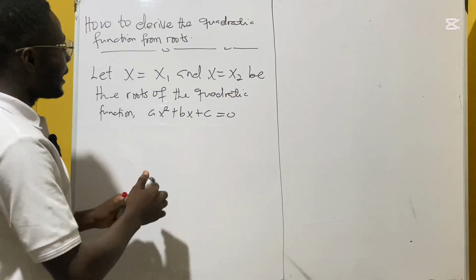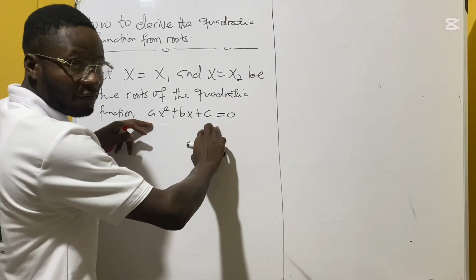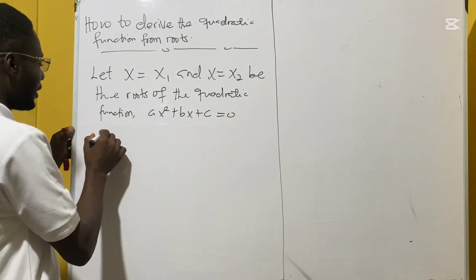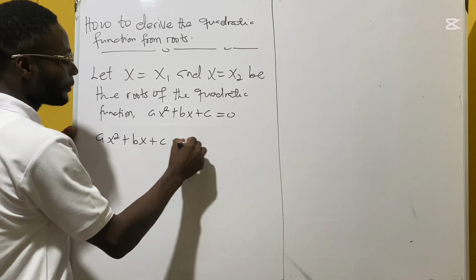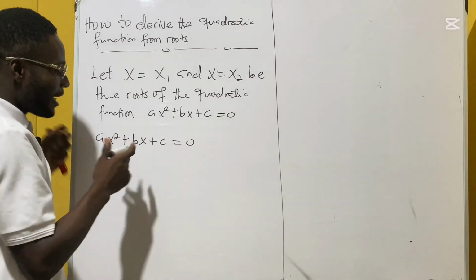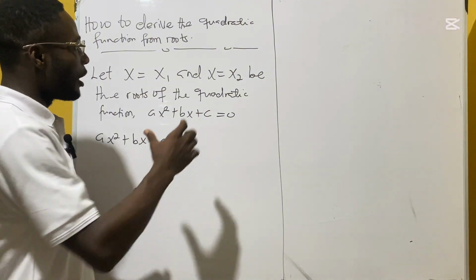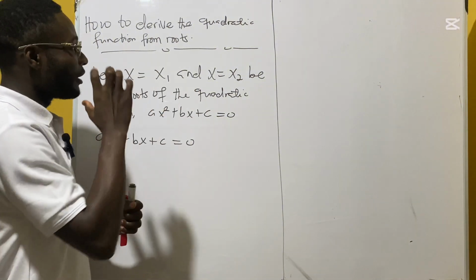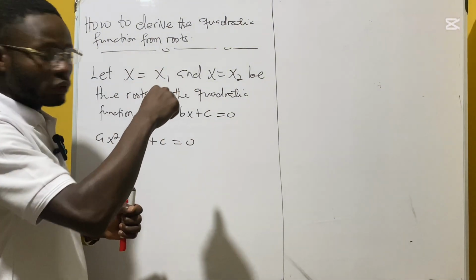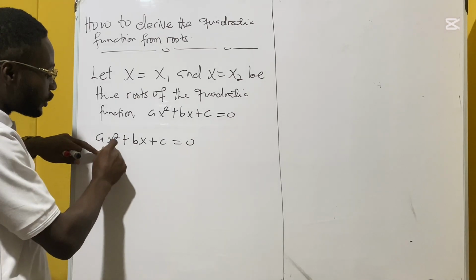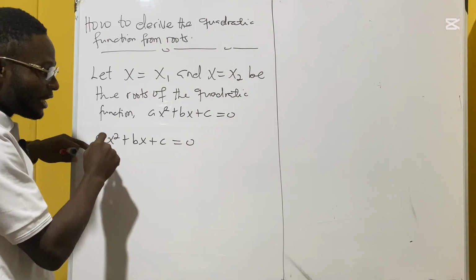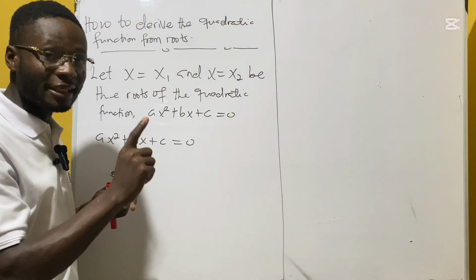Now, this quadratic function we have right here, ax squared plus bx plus c equals 0. Because we want to derive the function from the roots, we have to make sure that the coefficient of x squared is unity, meaning it's 1.